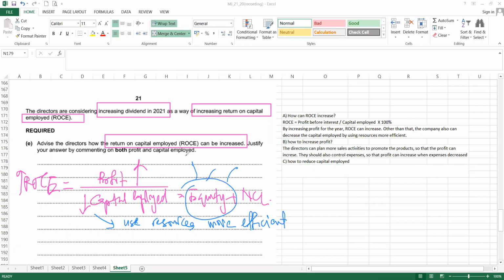Equity has 3 items in this question: ordinary share, general reserve, retained earning. So if we want to increase the dividend, one way is we can use general reserve and retained earning to pay the dividend. Then we can reduce this equity, reduce this capital employed, and then ROCE will increase.